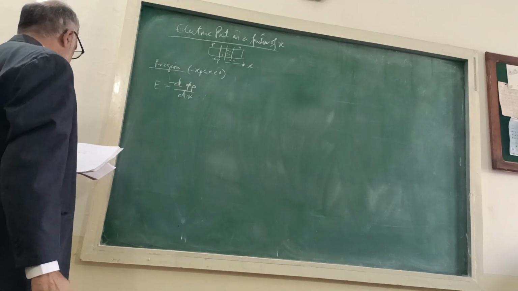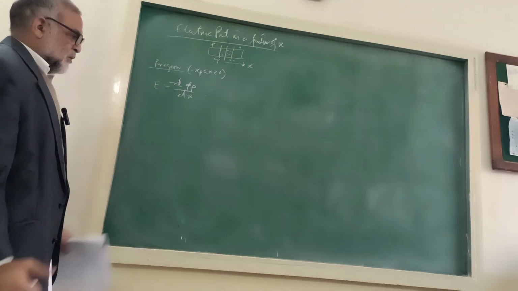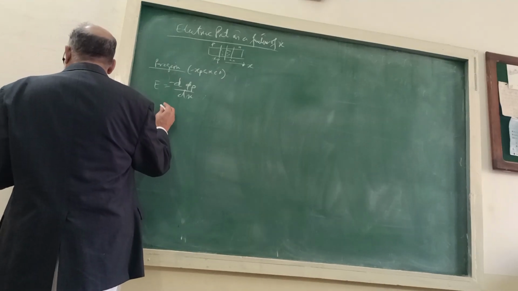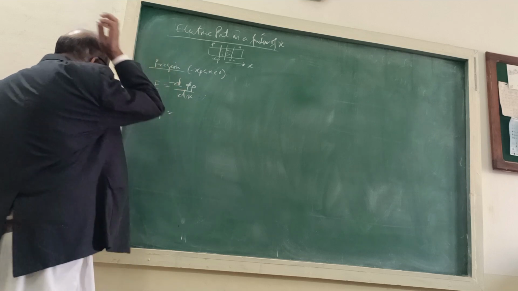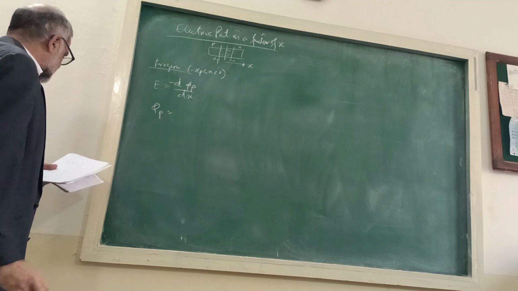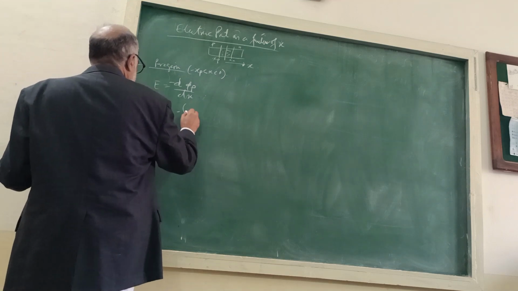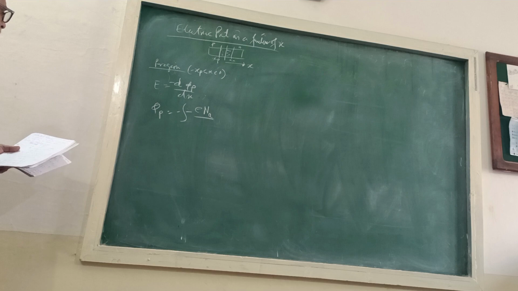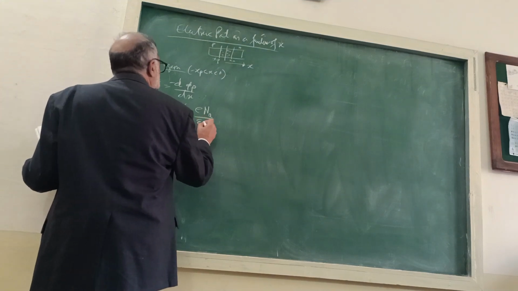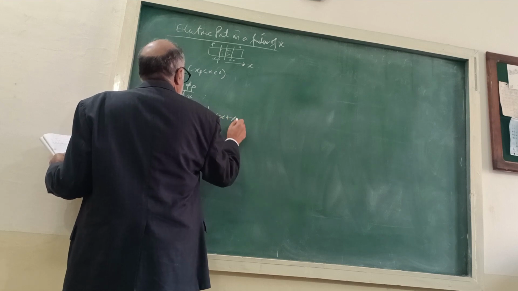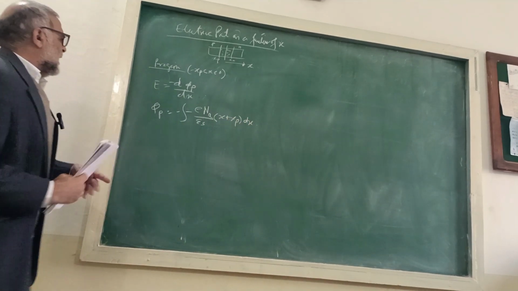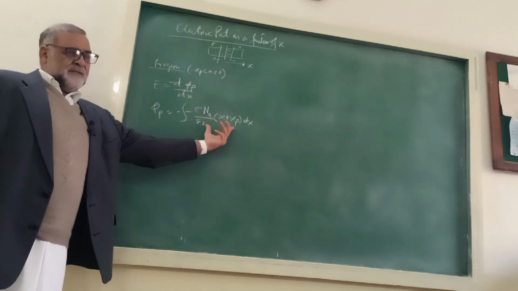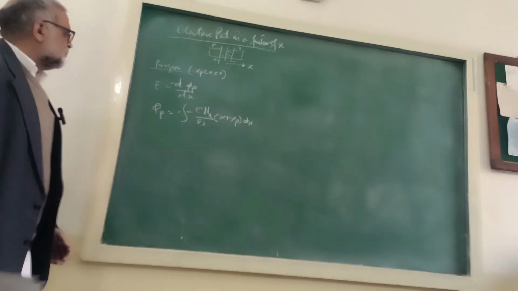We derived a relationship for the electric field in the previous equation. So we integrate the equation: I separate the variables, d phi equal to E dx, and put the value of E here, which we got yesterday, x plus xp into dx.